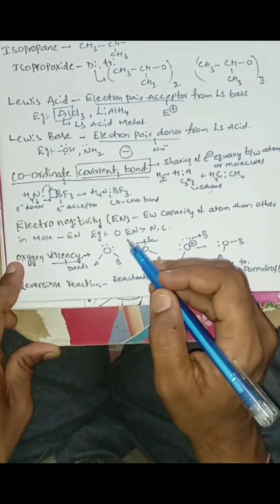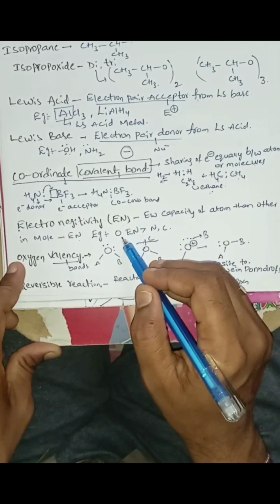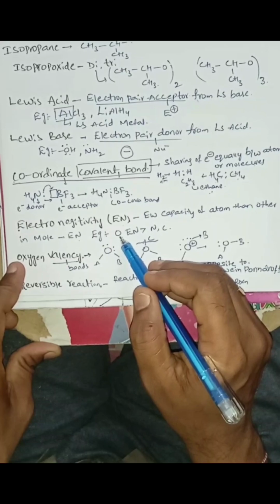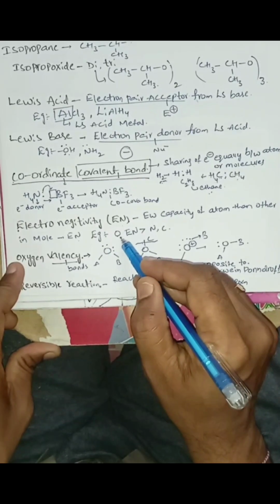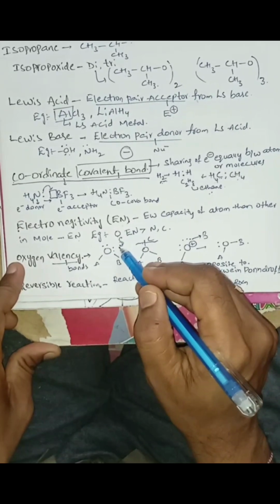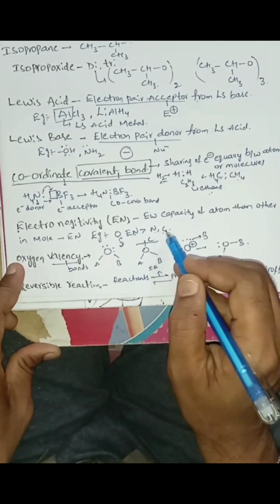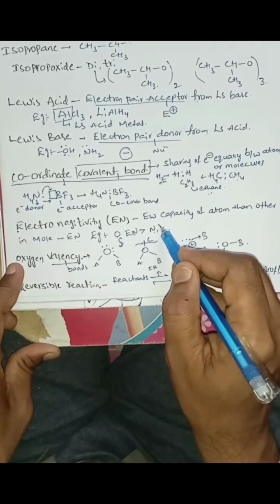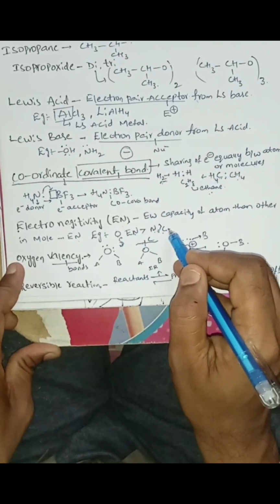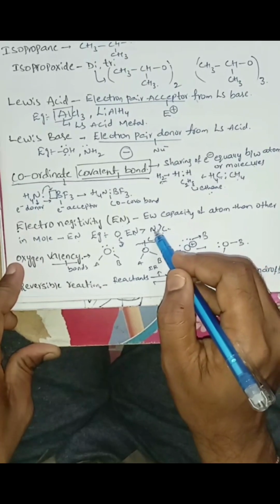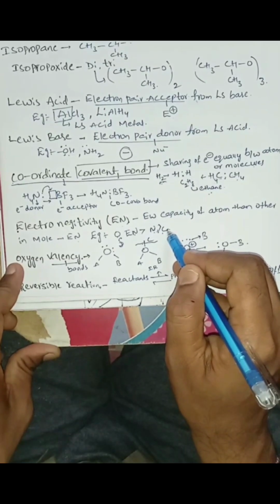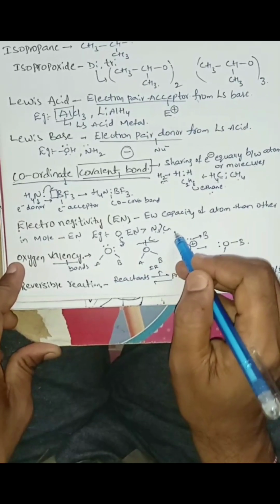For example, in many molecules, elements like oxygen and sulfur have more electronegativity when compared with nitrogen and carbon. Similarly, nitrogen has more electronegativity, that means electron withdrawing capacity, than carbon in some organic molecules.